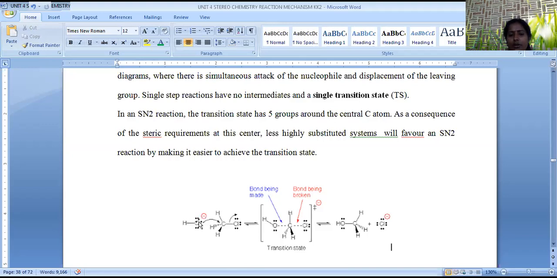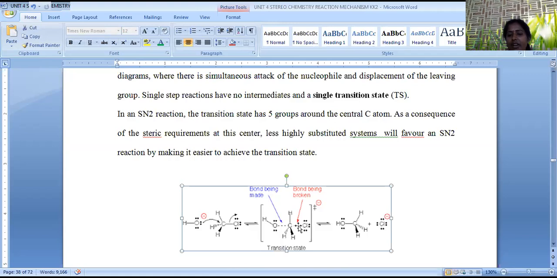When this OH nucleophile attacks from the back end, we get 5 bonds around the carbon. 2 bonds are represented by dotted lines. One is slowly cleaving, the second is slowly forming. This is breaking a bond, this is making a bond. Hence, it is called a pentavalent transition state, because it is not possible to isolate and identify this pentavalent transition state.